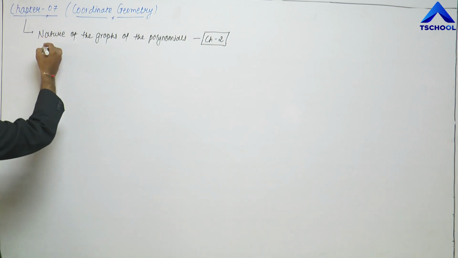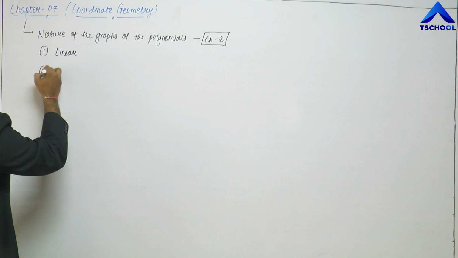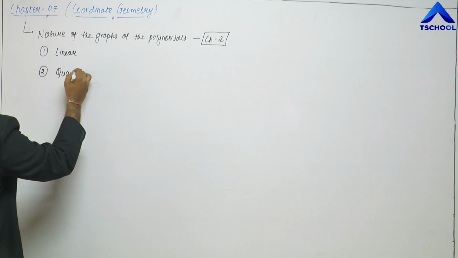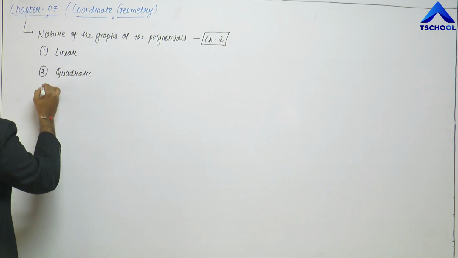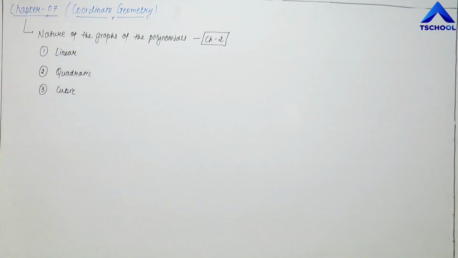That means we had different kinds of polynomials. They were linear, second we had quadratic, and the third one we had cubic, right?